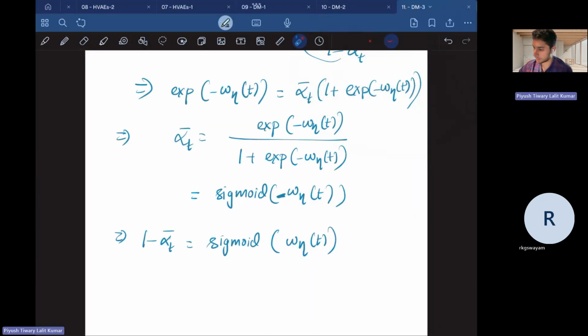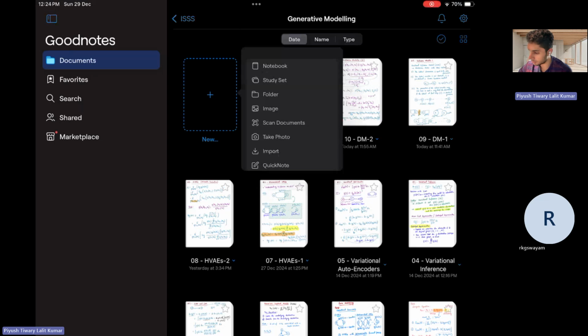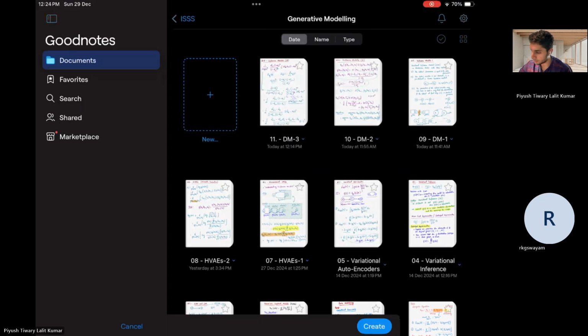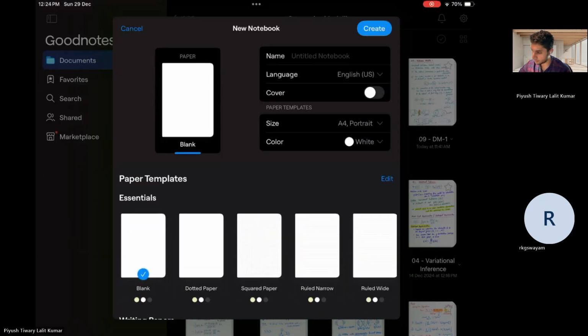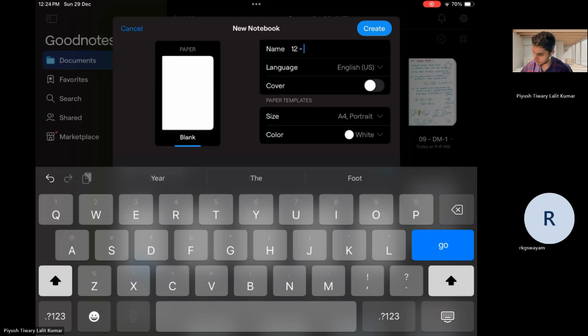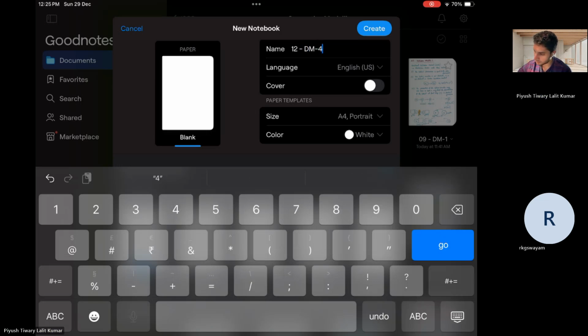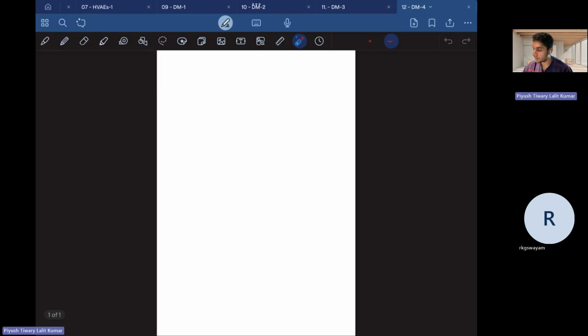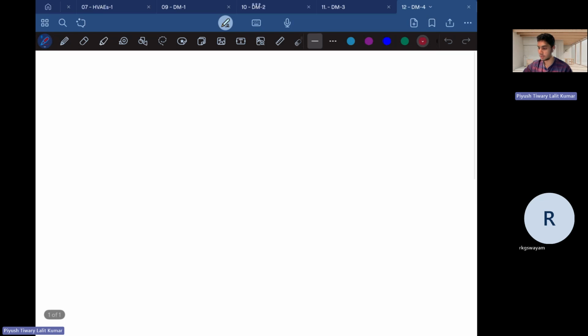So this will be diffusion model 4. Let's see the last part of the diffusion model.